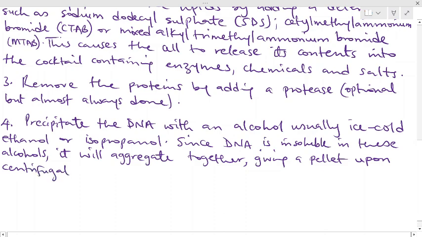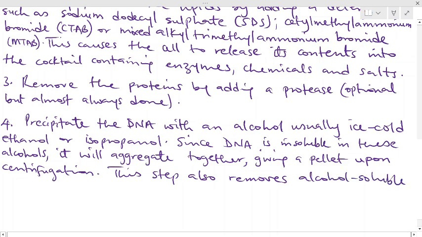This step also removes alcohol soluble salts. Great. This is basically the steps in isolating the DNA.